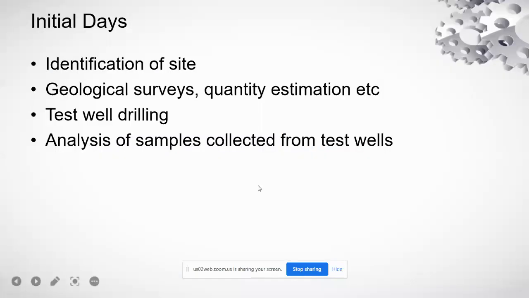Let's start with the initial days, when a government company or a government decides to do exploration of a site, or decides to develop a particular field where they are pretty sure that there are some known resources, or oil and gas storage, available beneath the ground. The initial days involve identification of the site, geological survey, quantity estimation, test well drilling, and analysis of samples collected from the test well in the lab.